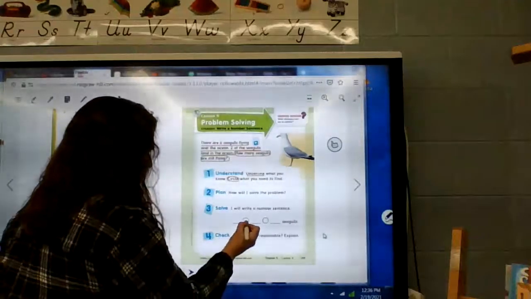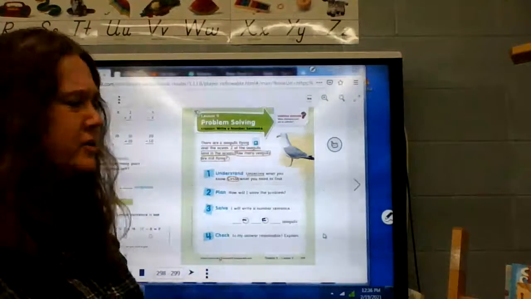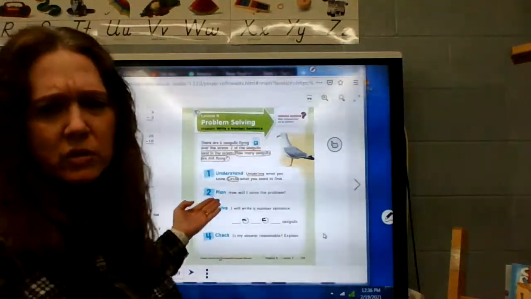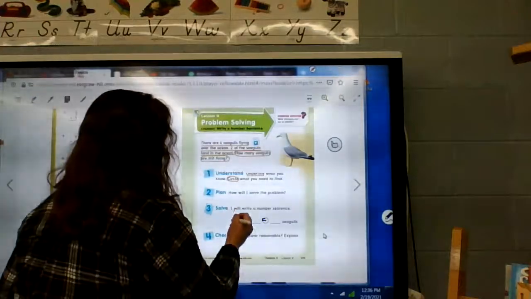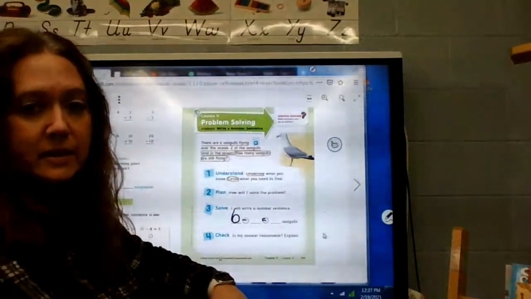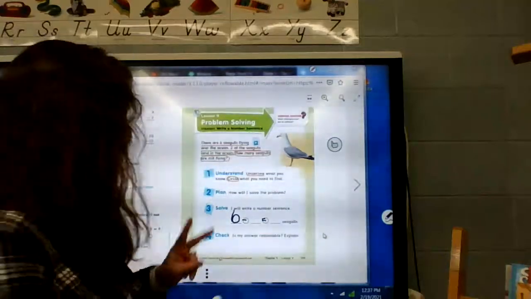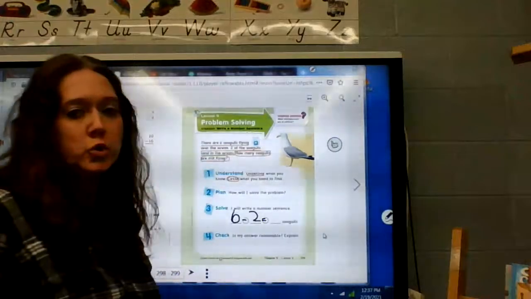Minus. And we're going to put equals here. So how many seagulls were there at the beginning? 6. And how many of them landed in the ocean? 2. So 6 minus 2.